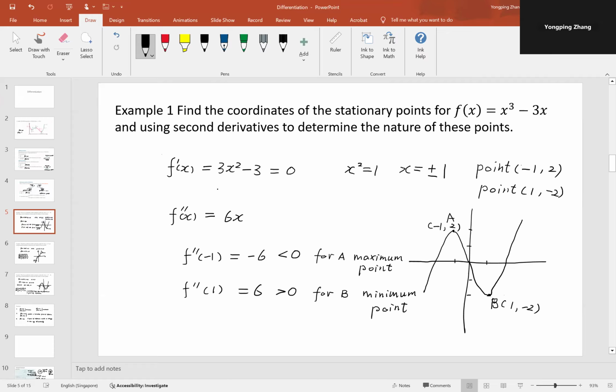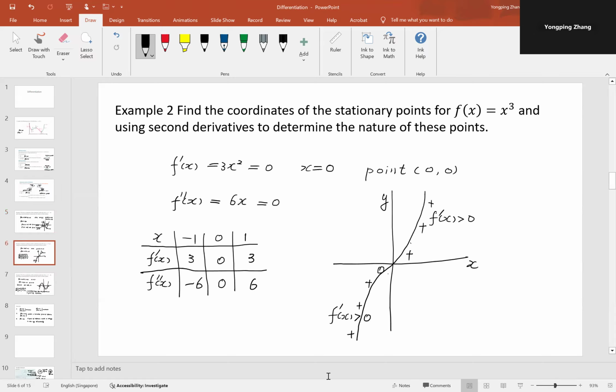This part is concave down and this part is concave up. So we can decide that point A is the maximum point and point B is the minimum point.